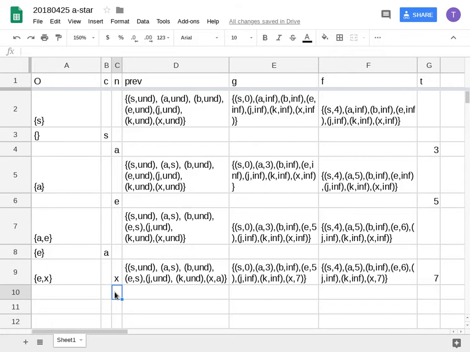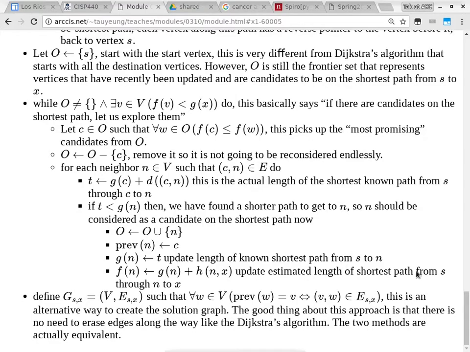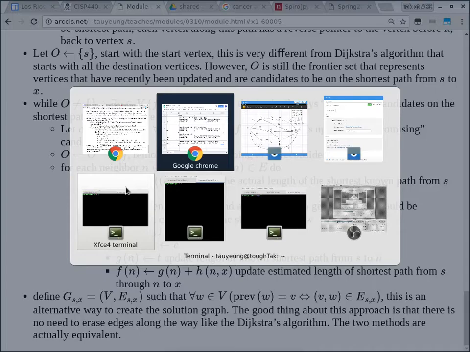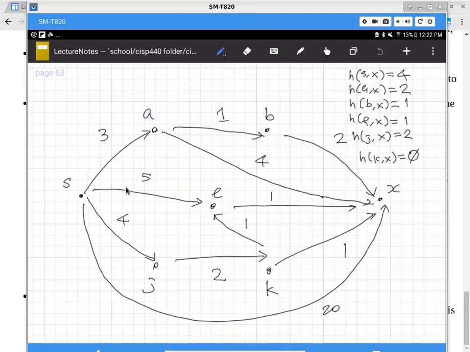Well, we got another vertex that we have to consider, which is B, because B is also an outgoing neighbor from vertex A. So the first thing is we have to compute t. Switching back to the algorithm, the value t is g of a plus the distance from vertex A to vertex B. Looking at the graph, AB has a distance of 1.